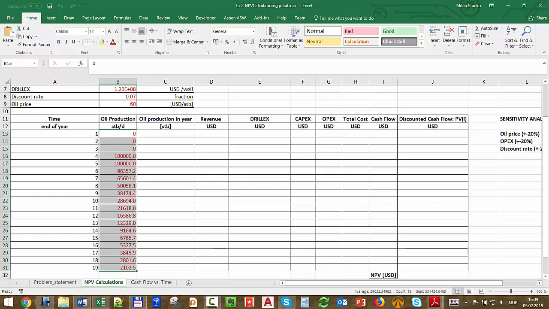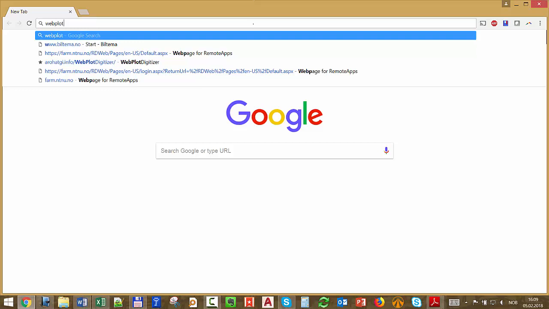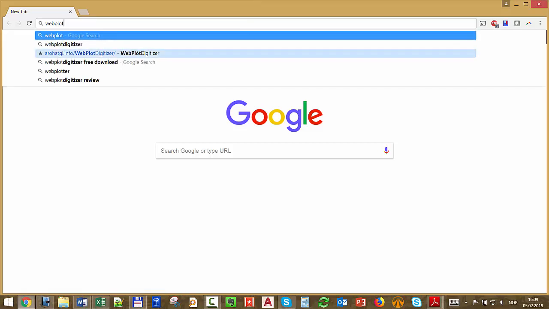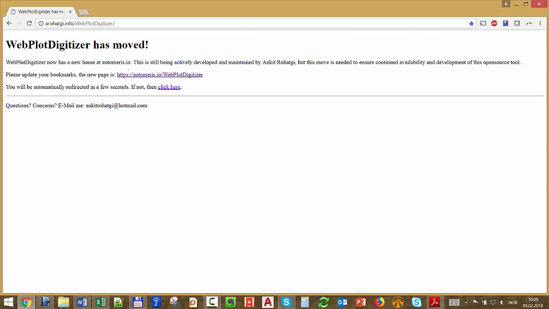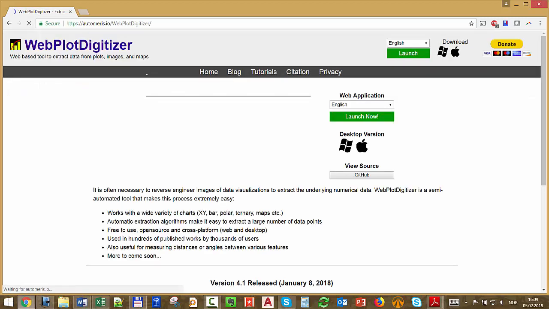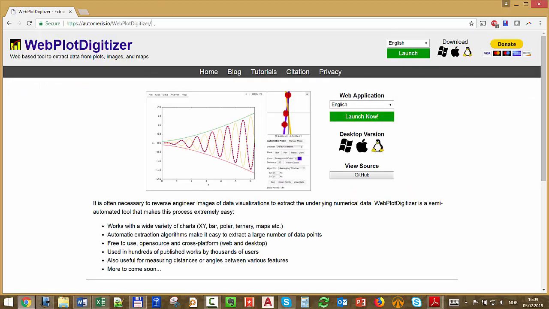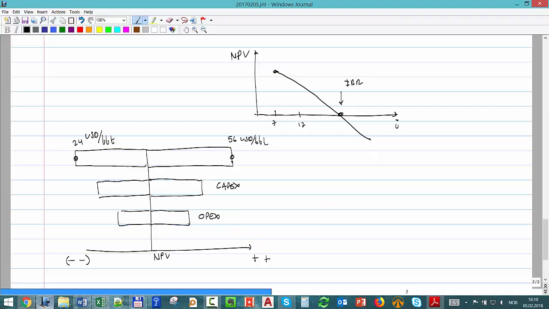But I'm sure maybe you will need it in the future. So it's called Web Plot Digitizer. It has moved, so it's this page. And here you can load any image that is a graph, a plot, and from there you can extract the points and use them for your work. So you won't have to do it in this exercise, but I just want to include it here because that's a very useful engineering tool.